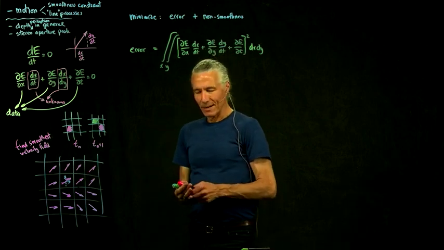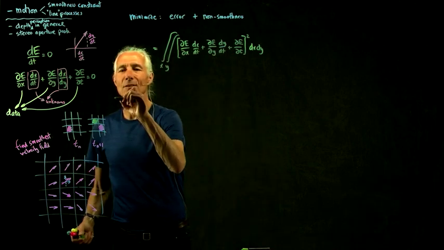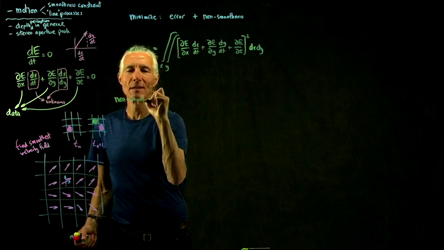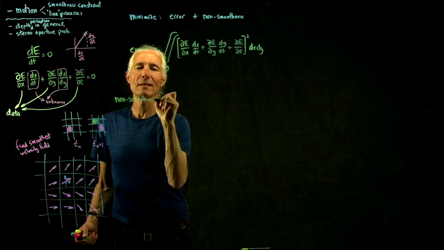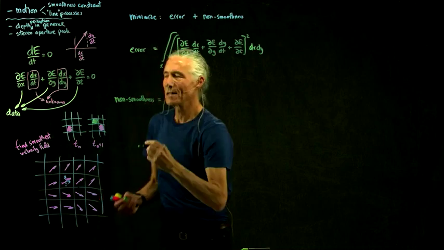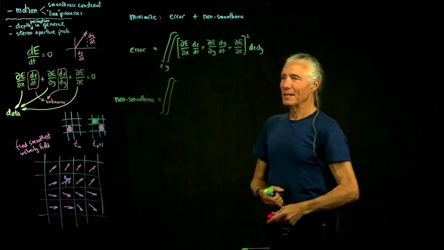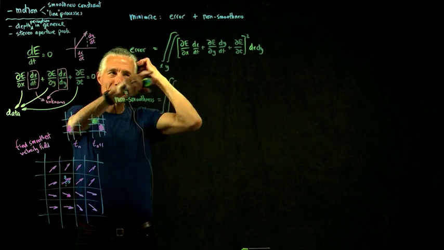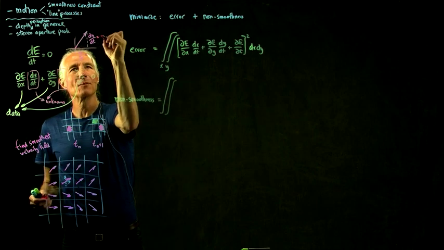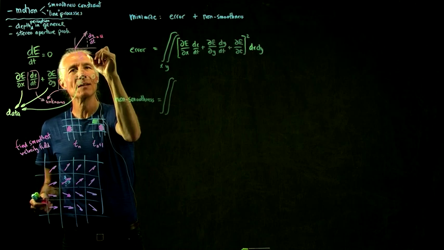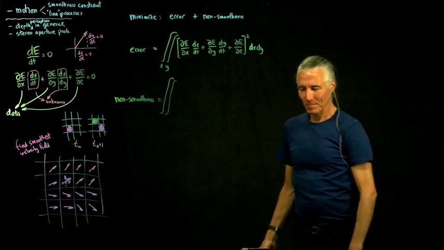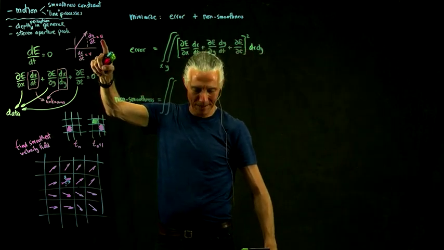So that's the error. Then what about the non-smoothness? We want to minimize that, so we want to make it smoother. So here is our equation for the non-smoothness. As we start to get more and more derivatives, a lot of times what people do is they call this one u and this one v, because we might want to know the change in the velocity.